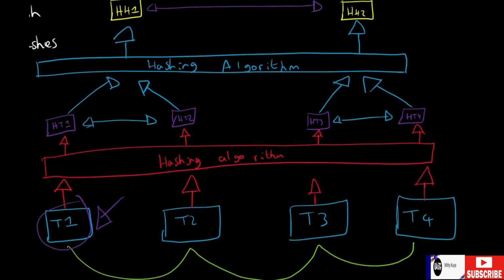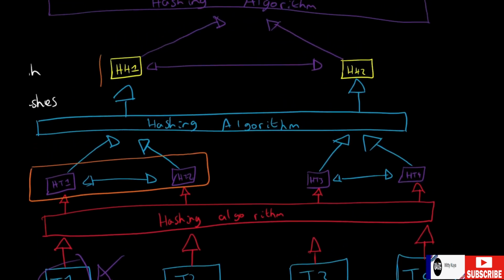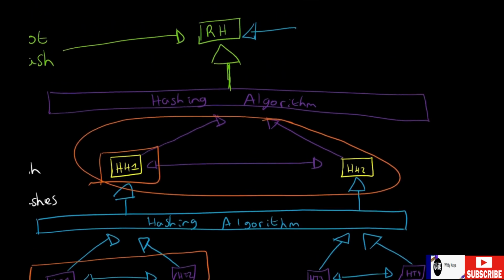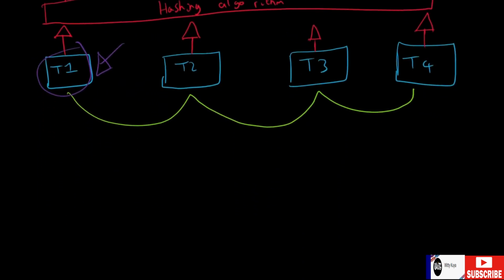And as a result, the combination of this would be different, which would lead to the hash of hashes being different. And then ultimately, this combination will be different. And then eventually, it has a massive cascade effect, and then the root hash is different as well. So this allows people to see if the block is valid.